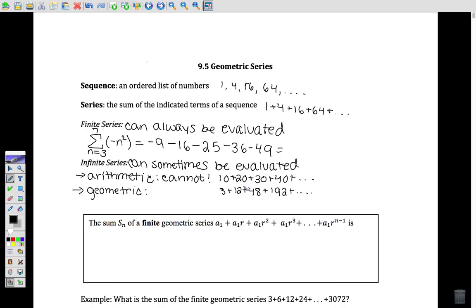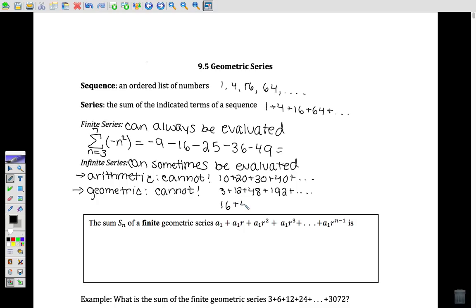That's a geometric sequence with a common ratio of 4. Those numbers are going to get huge as well, especially as n keeps getting bigger and bigger. So something like this, just like the arithmetic, gets too big, it goes into infinity. We cannot evaluate that.